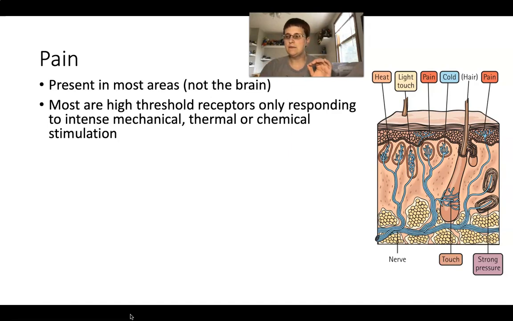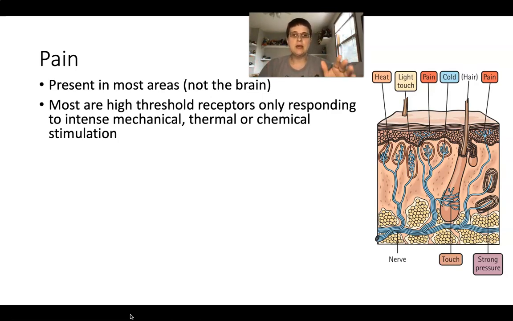Think about the pressure receptors we talked about: if you get poked with a pen, it doesn't hurt. You can feel it, you can see it, but it doesn't trigger pain. That's because that would be considered low threshold.